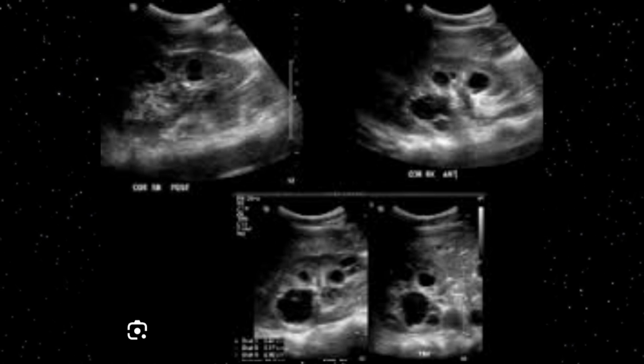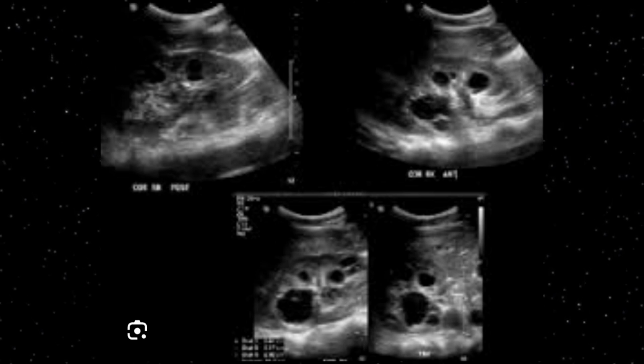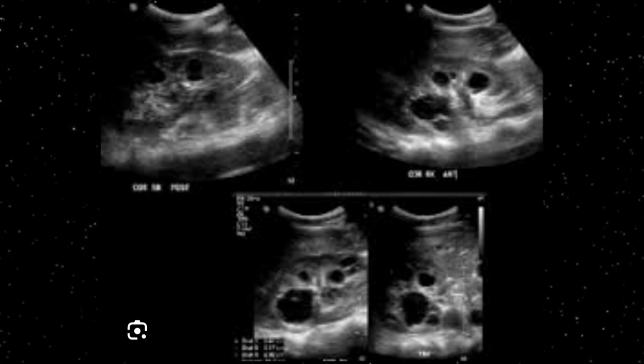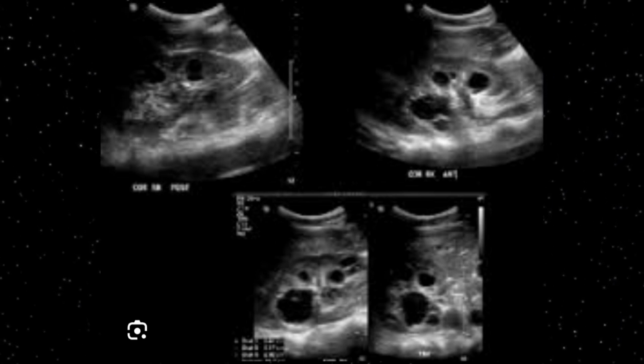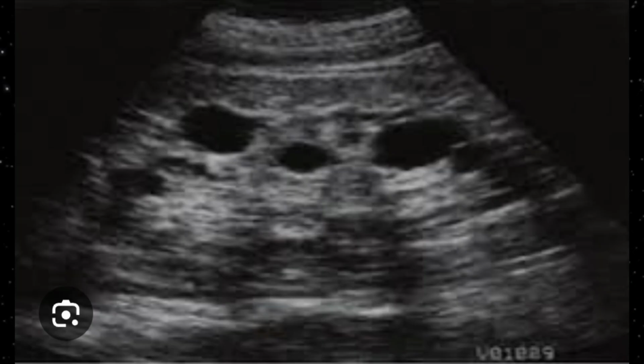The one problem and the hallmark with acquired cystic kidney disease is that it's prone to development of renal cell carcinoma.